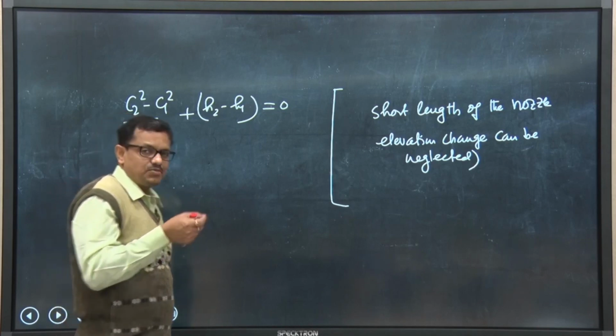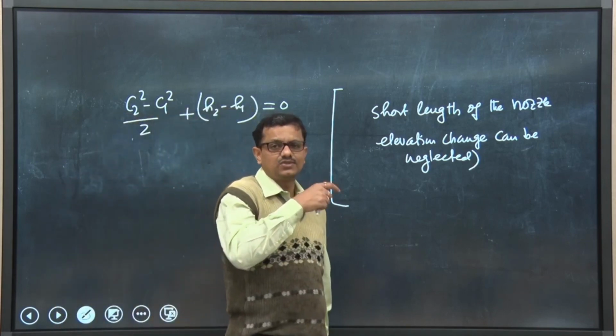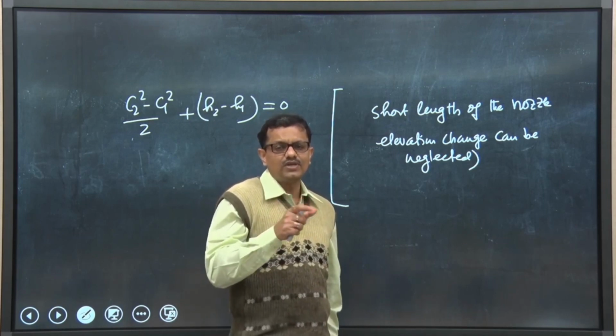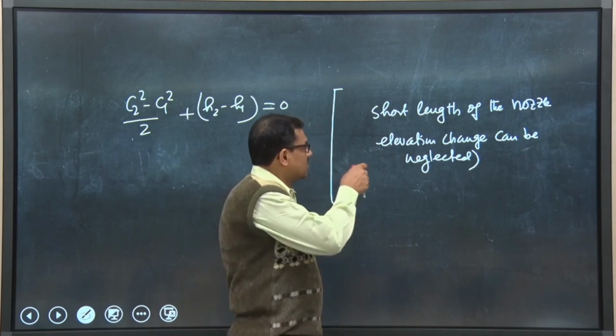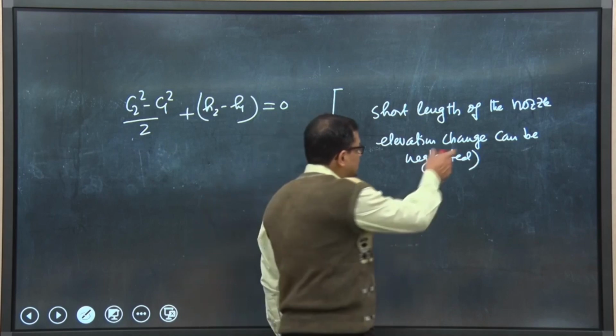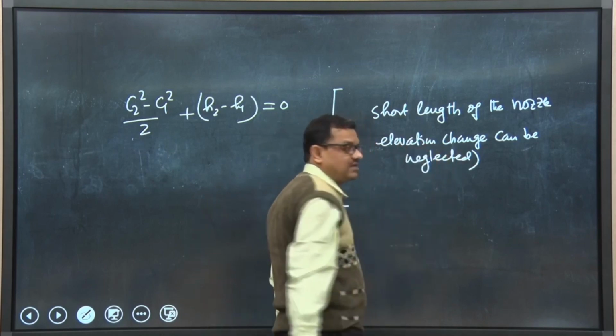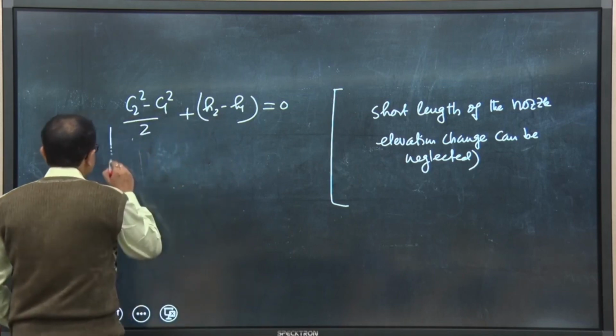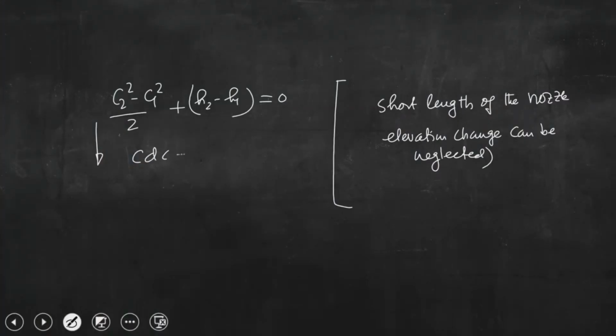Even if there is a small elevation change between these two sections, that is inlet and outlet of the nozzle, since the length is very small, we can ignore the change in elevation. So, we can write from this equation C dC plus dH equal to 0. Say this is equation number 1.